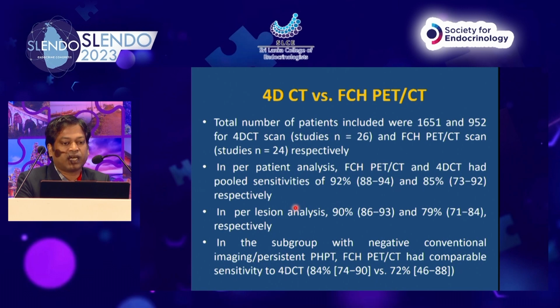For lesion analysis, it was 90% and 79%. But the important thing is that in patients who have negative ultrasound and MIBI scan, there is comparable sensitivity of both choline PET and CT scan. So if choline PET scan is not available, 4D CT is a good alternative.